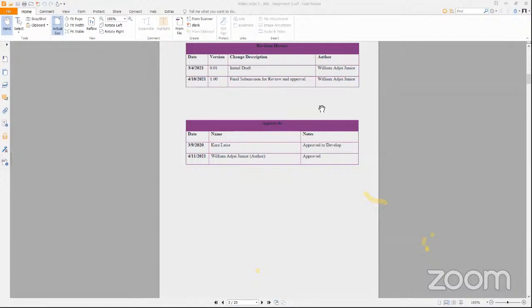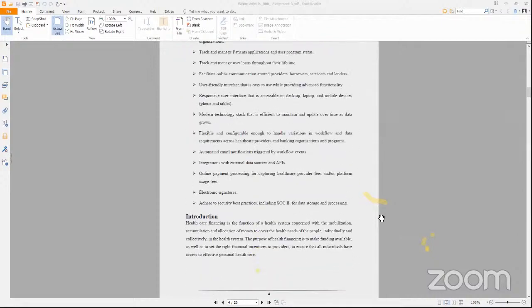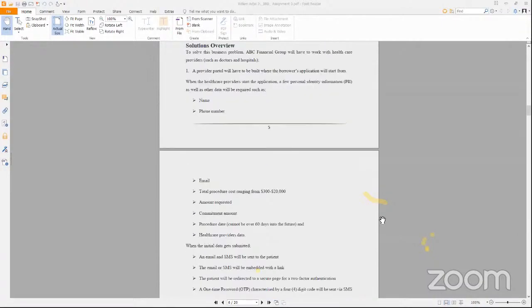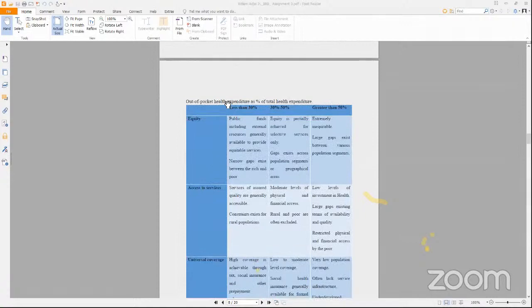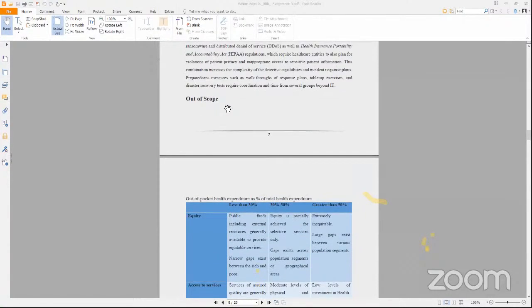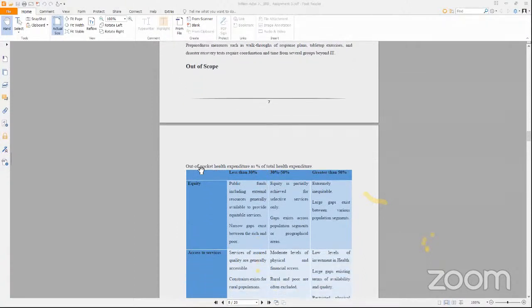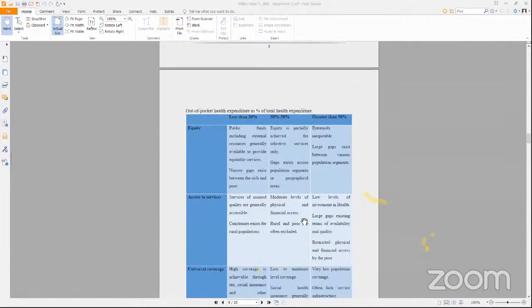Please, about the out of scope section, could you enlighten me? You said there was a research. Yes, this out of scope is basically not part of the requirements of the project. It was just a research done in America to find the out-of-pocket health expenditure, so it's not part of what is required of the platform.